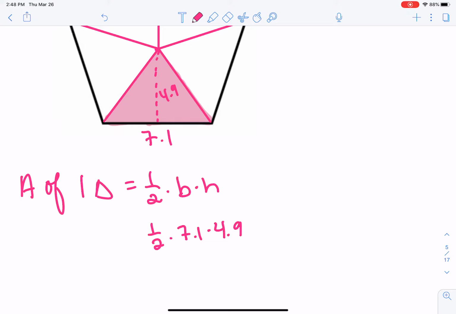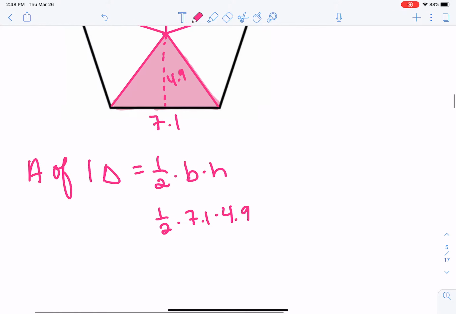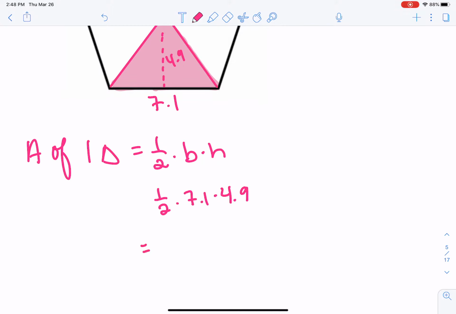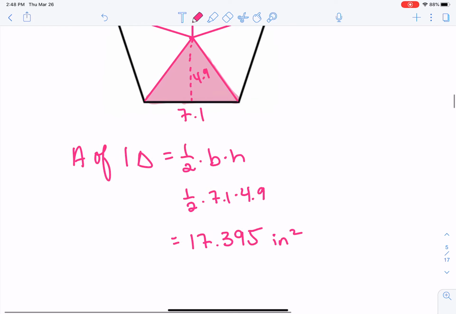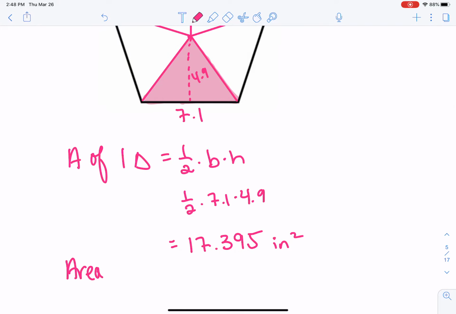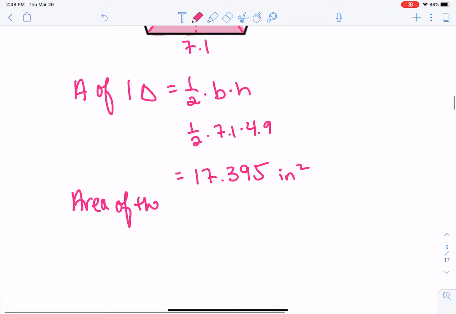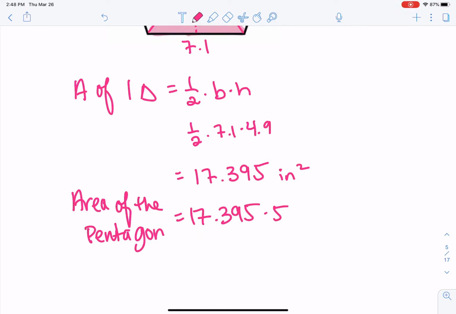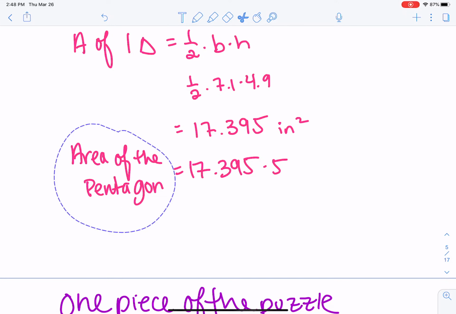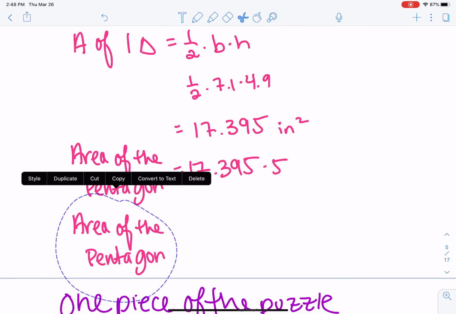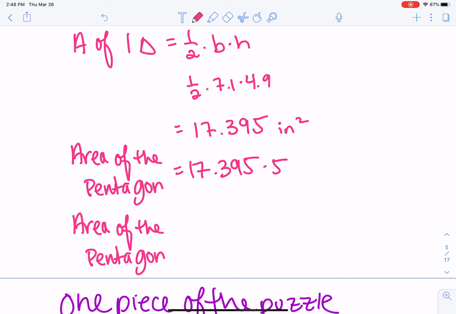Type that in my calculator, and I'm going to get 17.395 inches squared, which is just one of the triangles. But in a pentagon, I've got 5. So the area of the pentagon would be equal to that number times 5, which gives me 86.975.